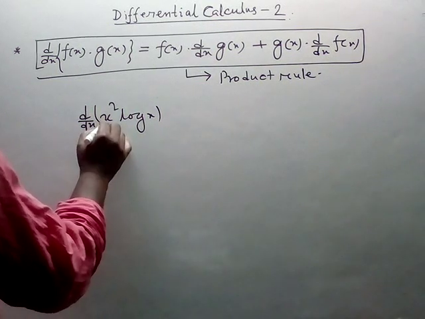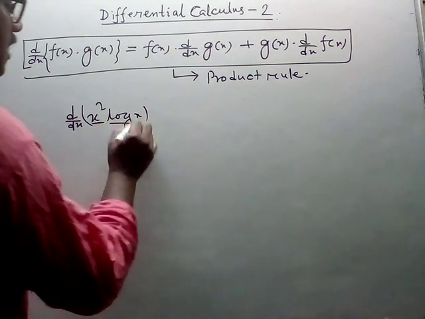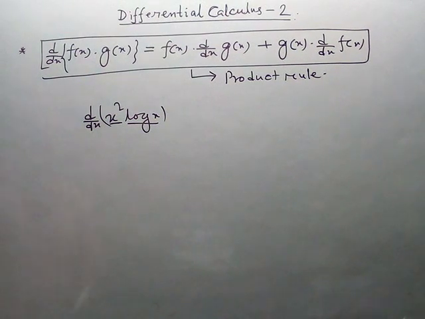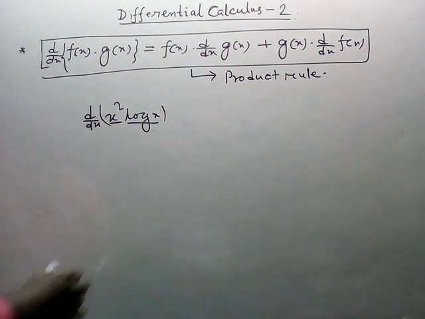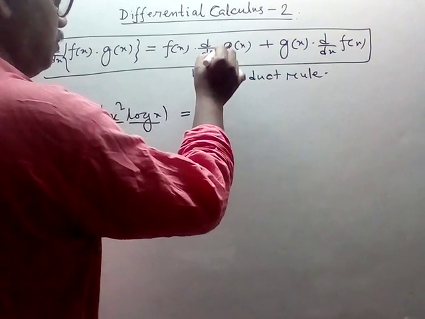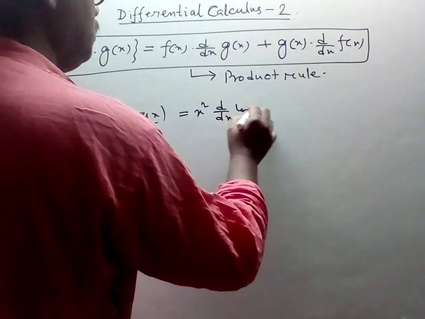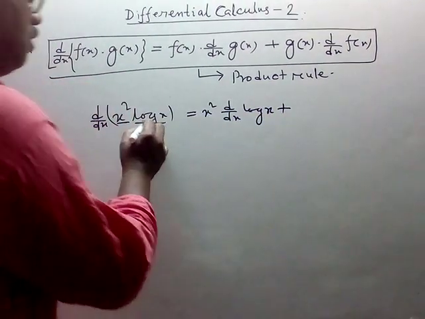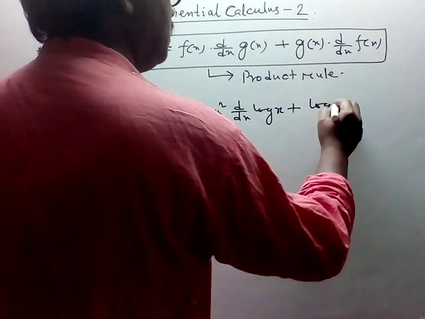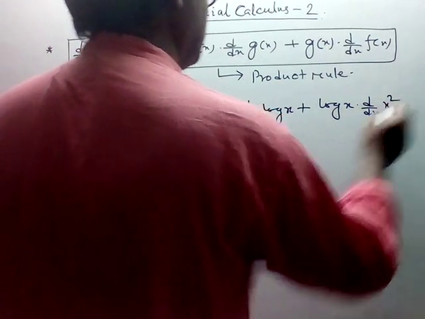There are two functions. Suppose x square is f(x), and log x is the other function, you can take it as g(x). Then, applying this formula, this equals x square into d/dx of log x plus, keeping log x constant, log x times d/dx of x square.